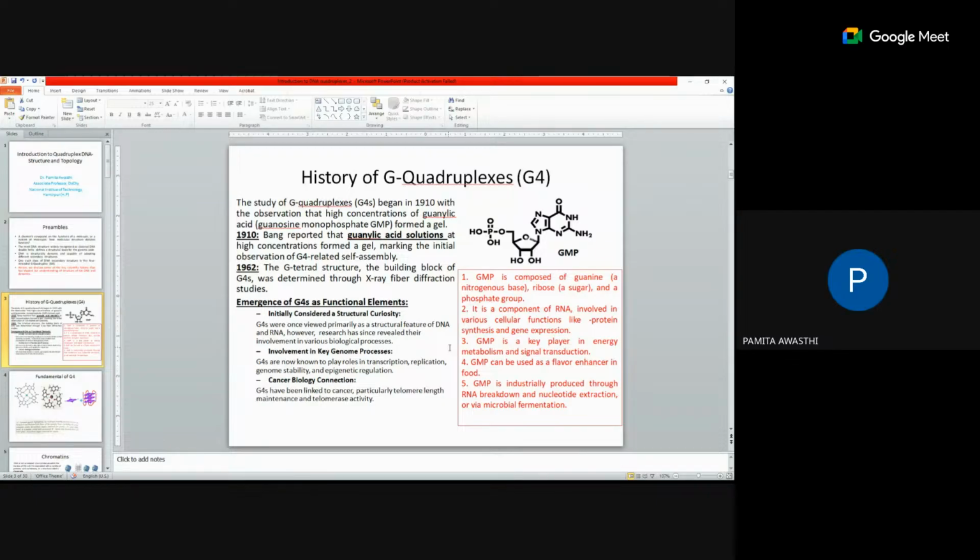However, research has since revealed their involvement in various biological processes, and a lot of work is reported in this area. G4s are also known to play a vital role in transcription, replication, genome stability, and epigenetic regulation. G4 is our area of research. G4 has been linked to cancer, particularly telomere length maintenance and telomerase activity.